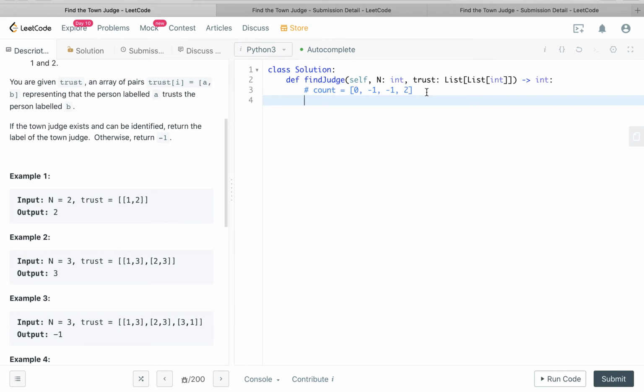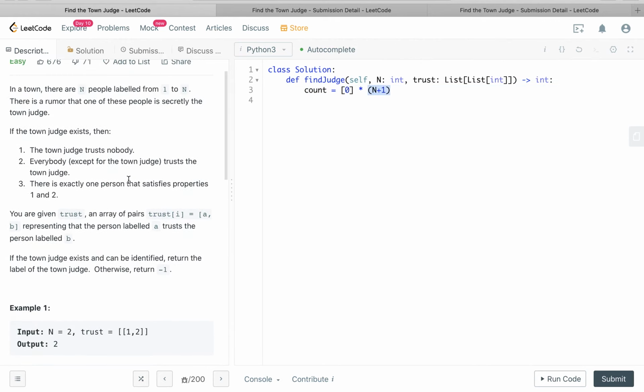Okay, so let me just code it up. First, let's initialize our array. So our count is going to be an array of 0, and n plus 1. The reason why it's n plus 1 is because here the people are from 1 to n.